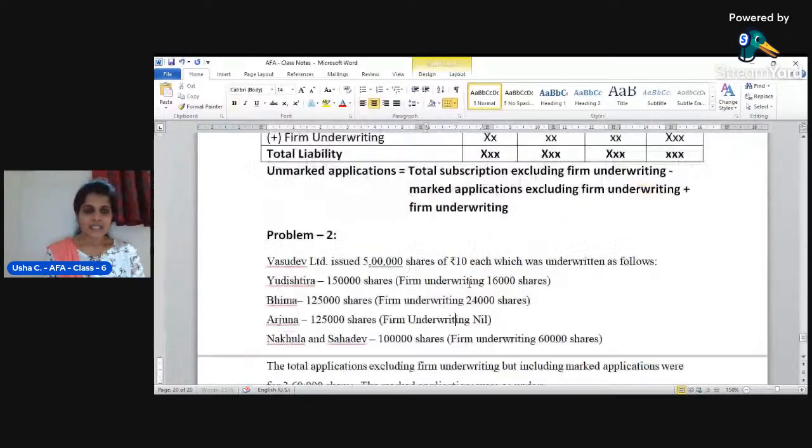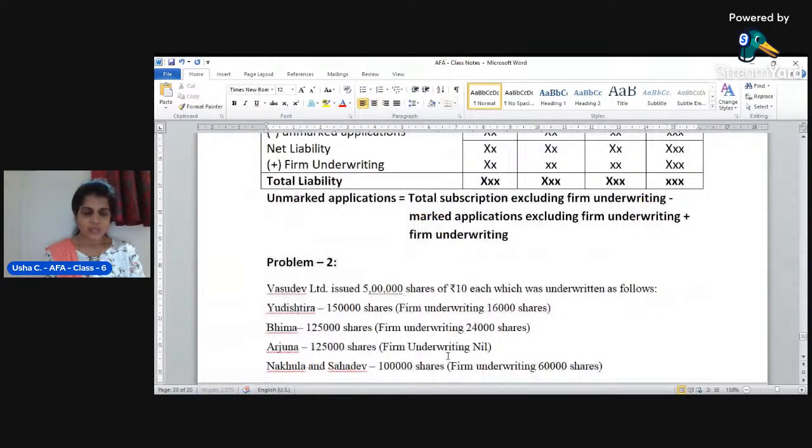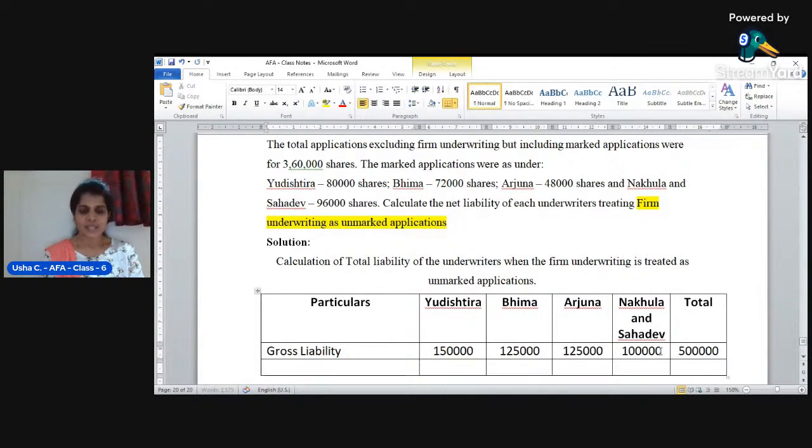The first underwriter has subscribed 1,50,000 shares, Bhima 1,25,000 shares, and Arjuna 1,25,000 shares, whereas Nakula and Sahadev 1 lakh shares. Take the total to the outer column: exactly 5 lakh shares.